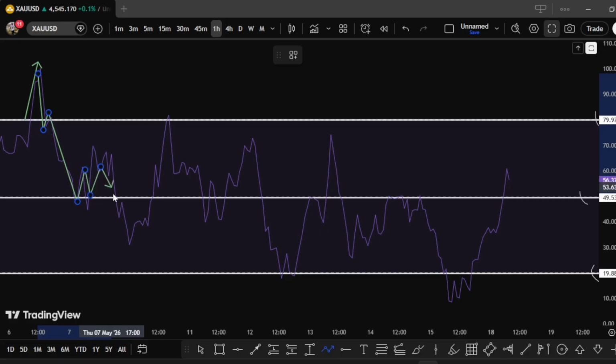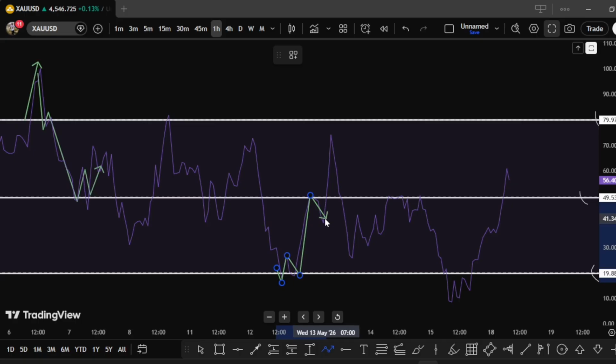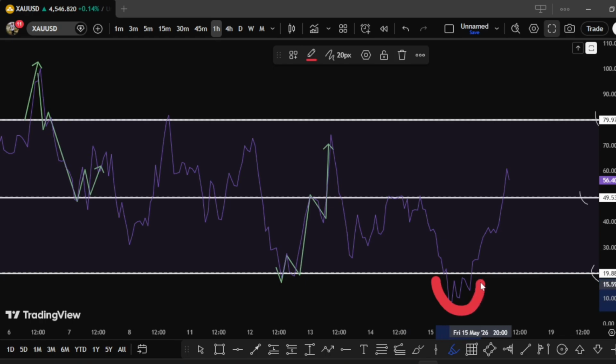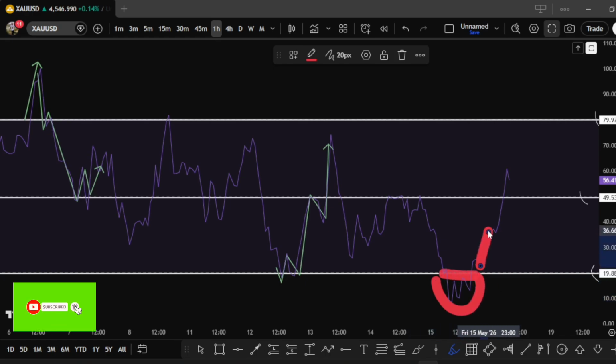And if the reading is below 20, it means that the market may be oversold. As you can see from here, the market came down here, meaning that the market is oversold, and buyers may be coming into the market to push the price up. You can see here, the market is below 20, which means that the market is oversold and buyers may be coming into the market soon.